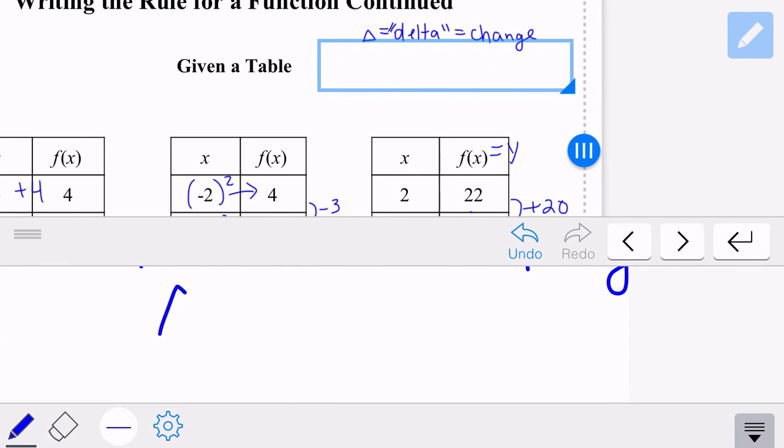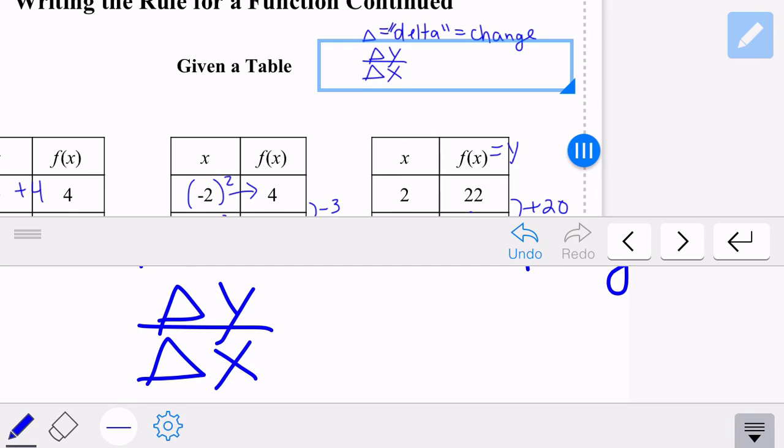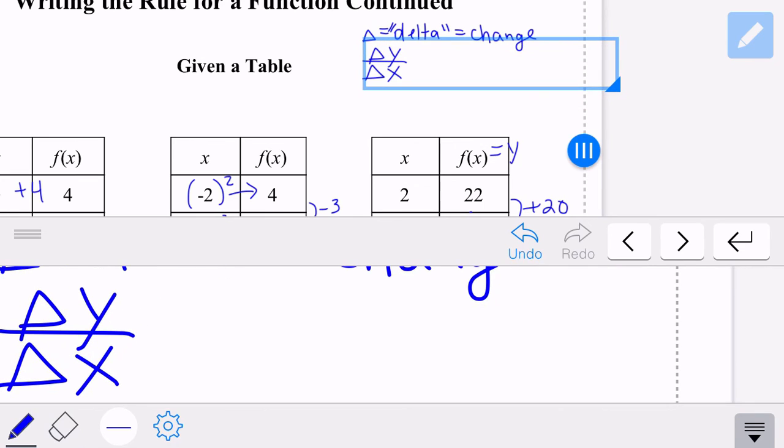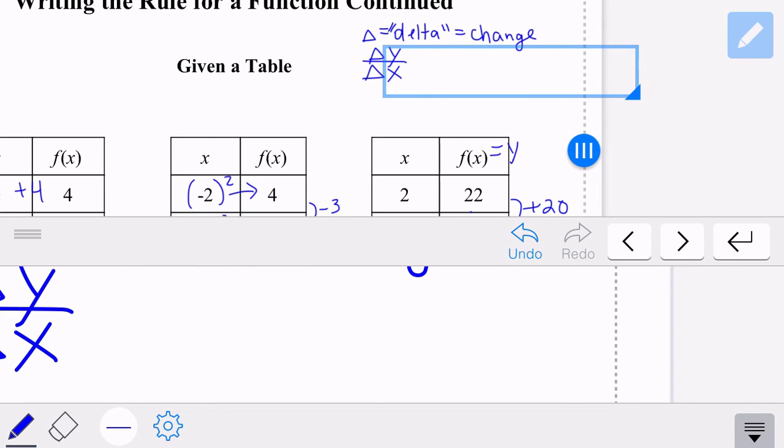So what we want to think about is the change in our output, the change in the y's, versus the change in our x's, the changes in our input. That's going to give you kind of like the rate at which you're changing, and that's going to be that number that goes in front of your input variable.